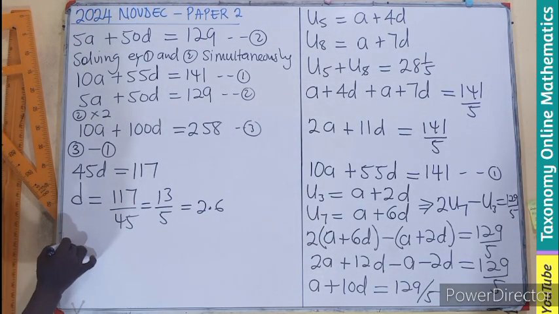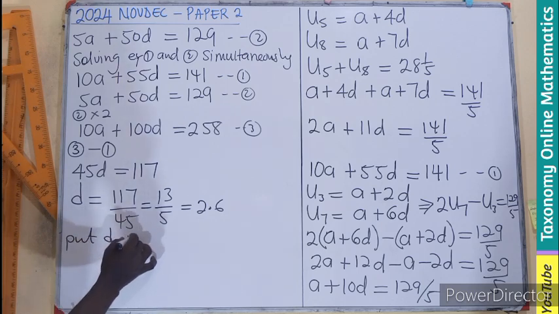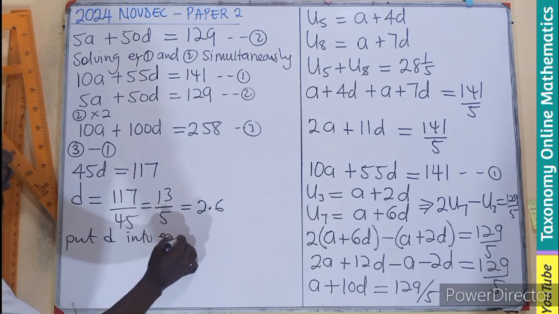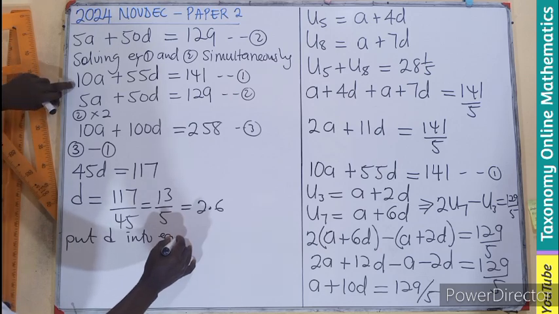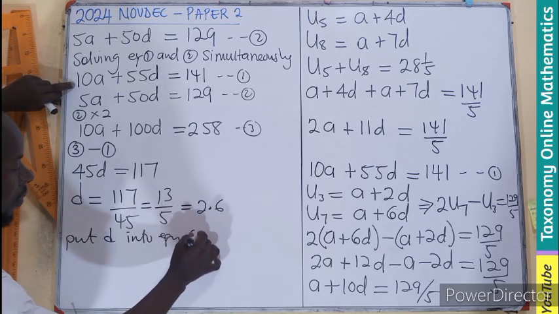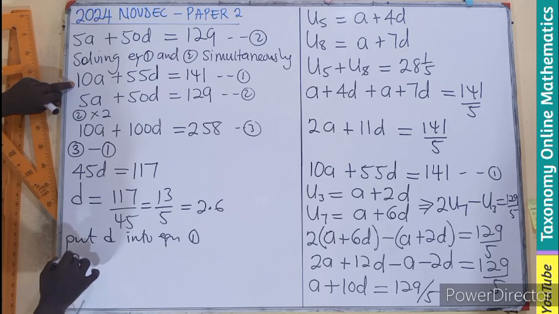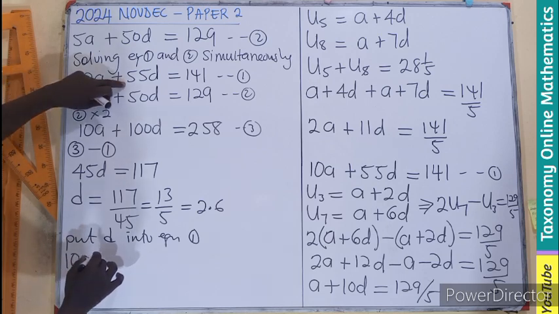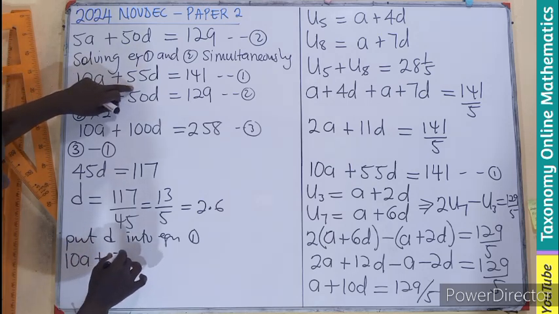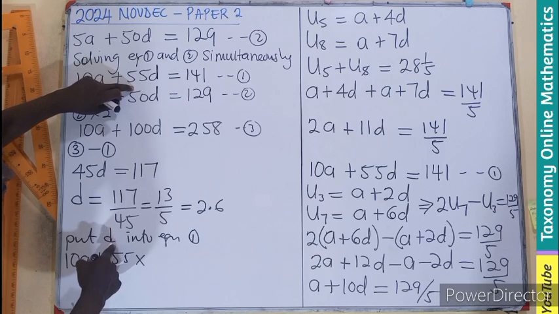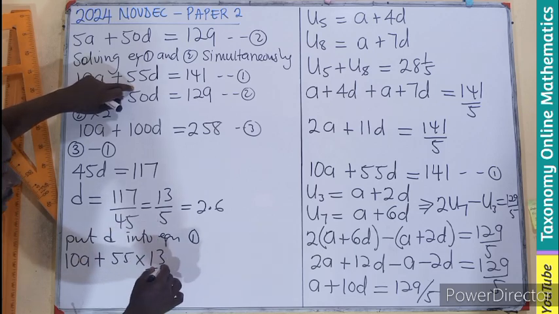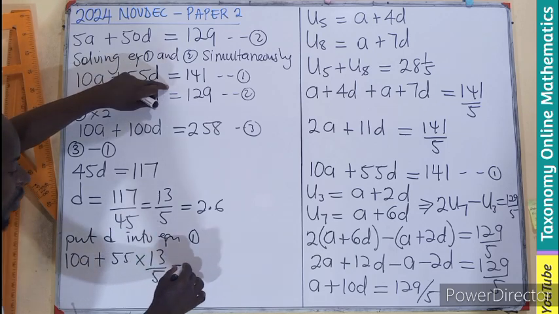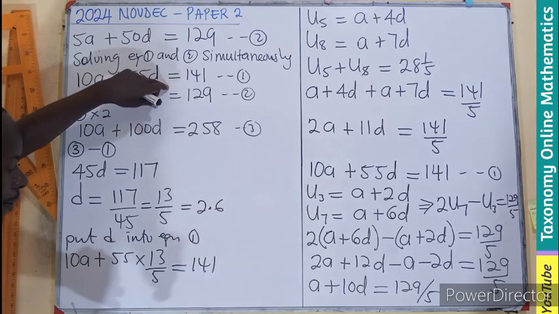So we are going to put D into equation, I think I'll prefer, let me use equation 1 here. So I'll be having 10A plus 55 times D, which is now 13 over 5 equals to 141.